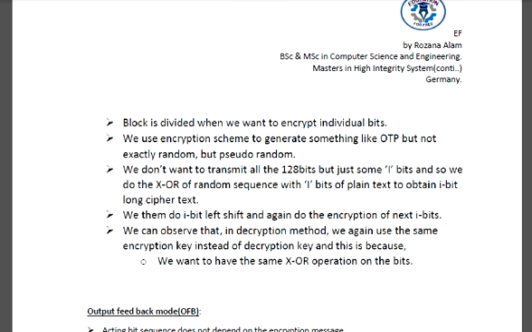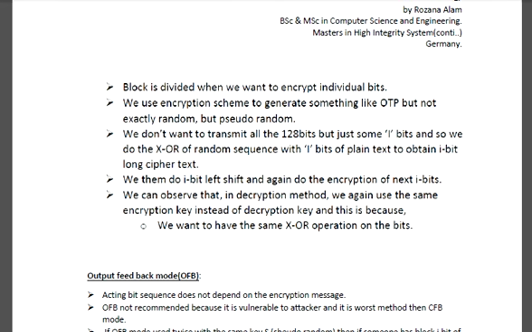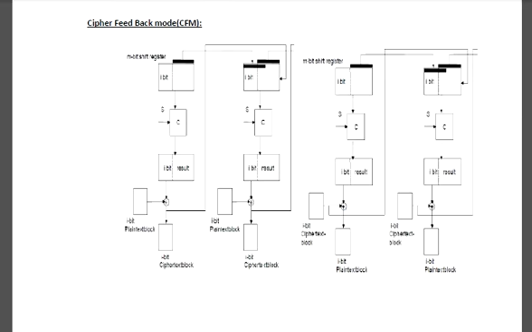We can observe that in the decryption method we again use the encryption function instead of a decryption function, and this is because we want the same XOR operation on the s bits. You can see that the first part is used for encryption, and the second part is used for decryption.